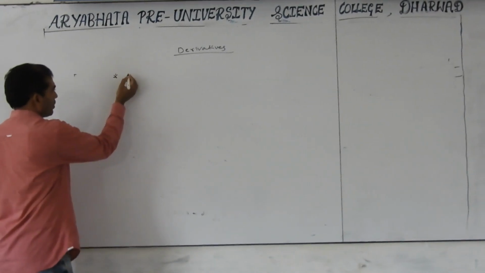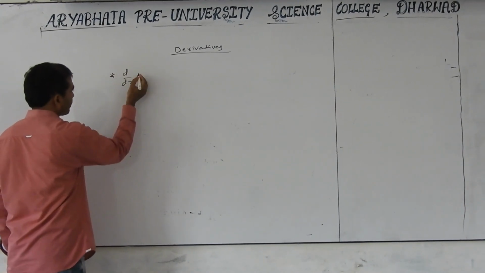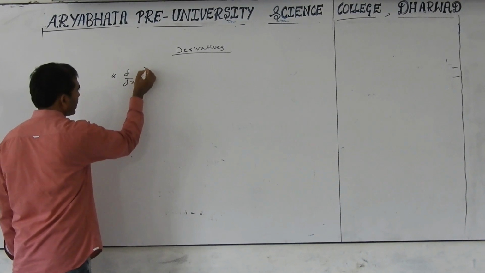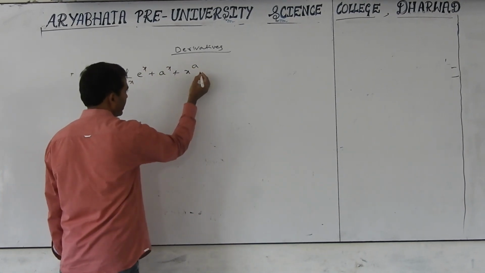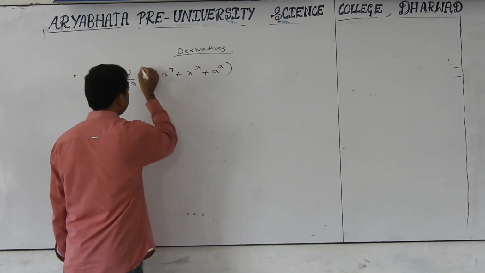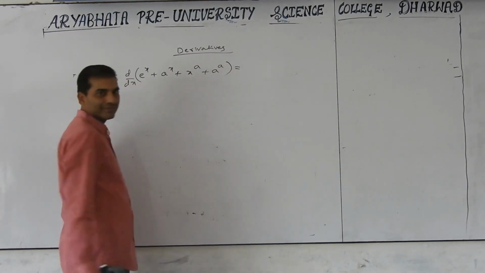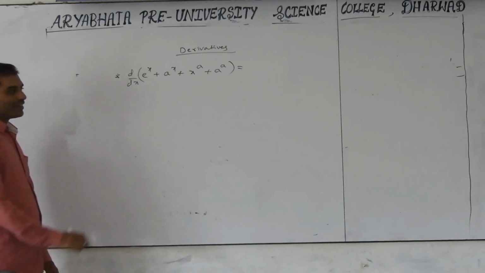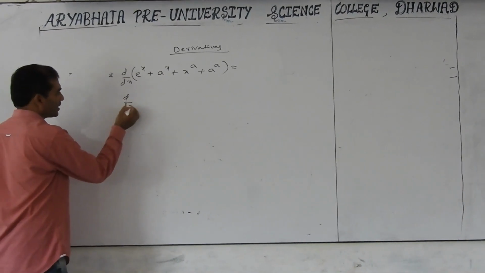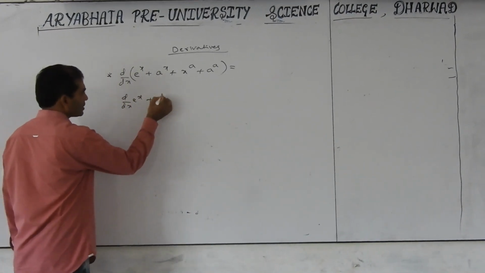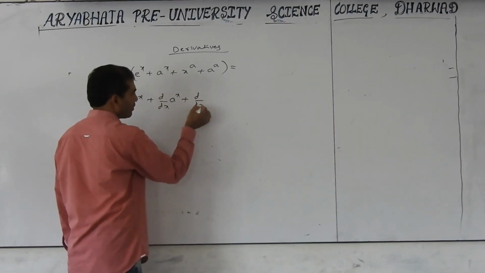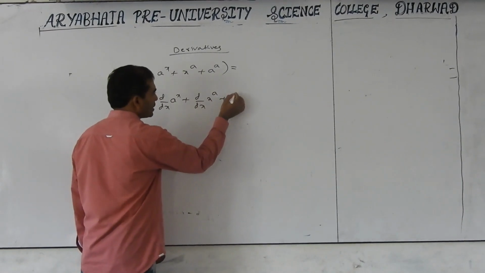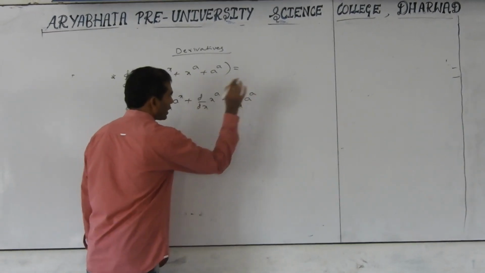Next, one more question. D by dx of e raised to x plus a power x plus x power a plus a power a. Right? D by dx e power x plus d by dx a power x plus d by dx of x power a plus d by dx of a power a.